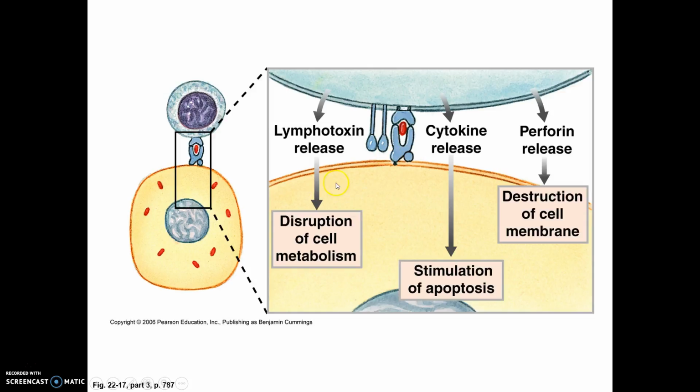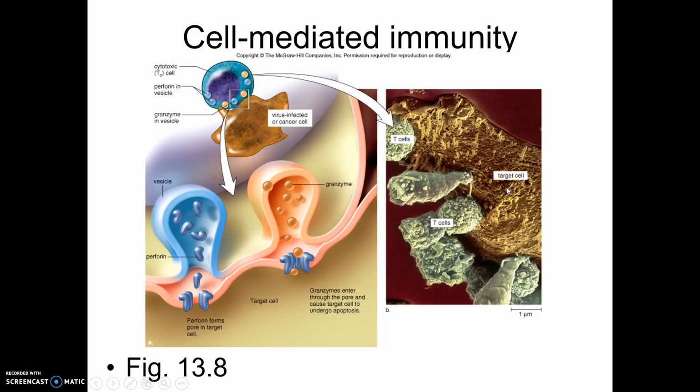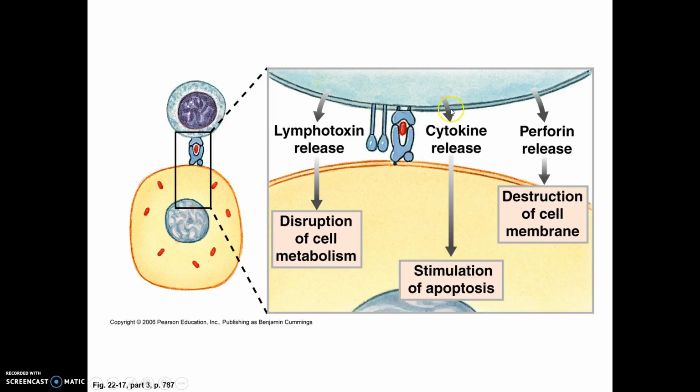Okay, now really three basic ways. Notice what we have here. We have our infected cell. Our infected cell is displaying a major histocompatibility complex protein. Here's the antigen that it's displaying from the invader. Here's our activated cytotoxic T cell. It has recognized that antigen, and now it's going to release the perforin. It's going to cause the perforations like we see in this picture. It's going to release cytokines, cell chemicals, and lymphotoxins, toxins that disrupt metabolism.